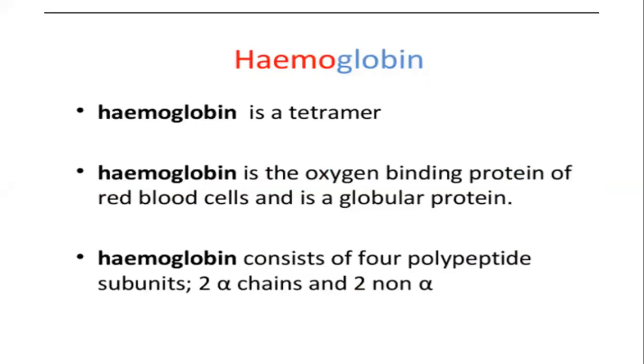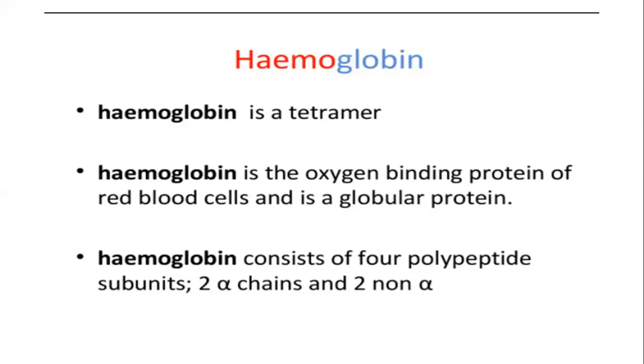Basically, hemoglobin is meant to assist in the binding of oxygen and the removal of carbon dioxide. The intention is to make sure that hemoglobin is able to function normally and take oxygen from one part of the body to various parts of the body, and then remove carbon dioxide from various parts of the body for removal at the lungs.